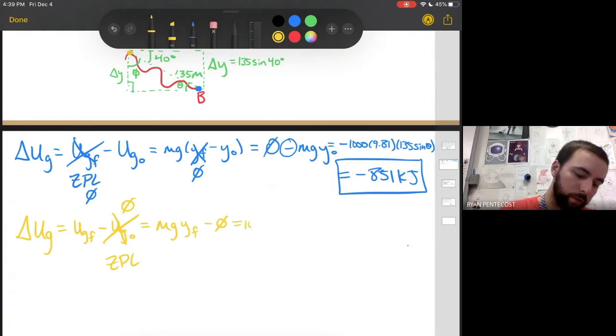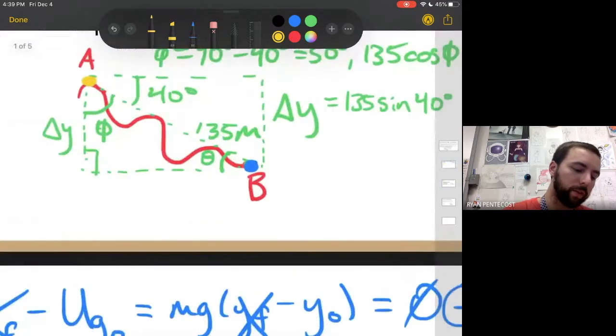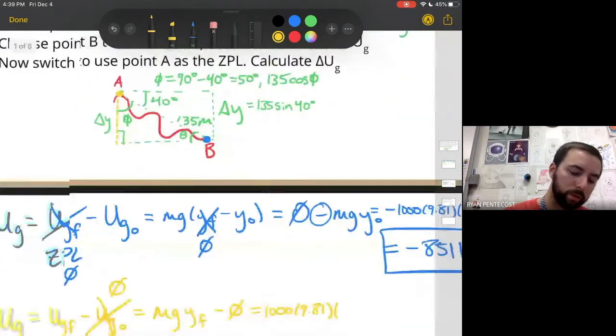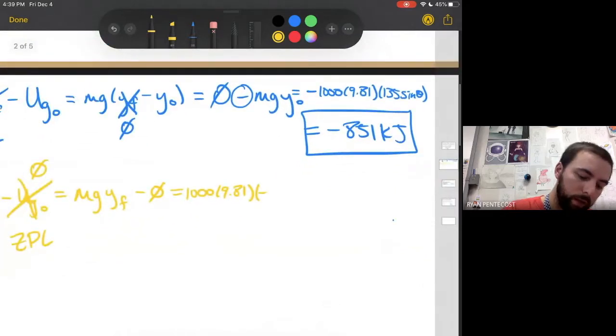So we have 1,000 times 9.81. Now we have to find our y final relative to point A. If point A is our ZPL, our delta y is now negative. So we would put negative 135 sine theta, and we will again get negative 851 kilojoules.